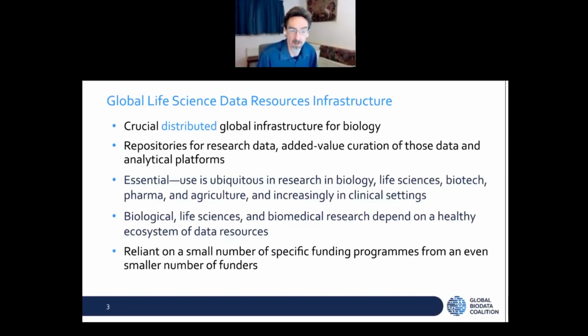But the challenge here is, first of all, that they rely on a very small number of funding programs and a small number of funders to fund the very large and important resources. And the other challenge is conceptual. It's hard to see this as an infrastructure. It's just, as I said, distributed around the world.